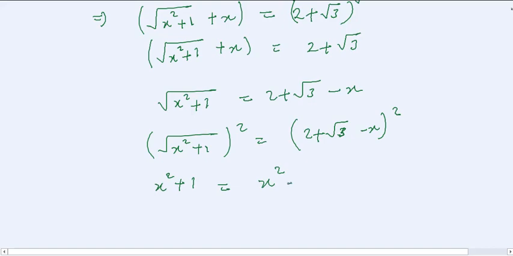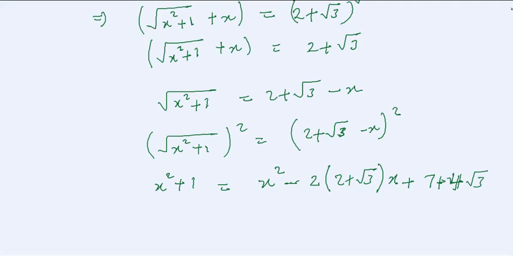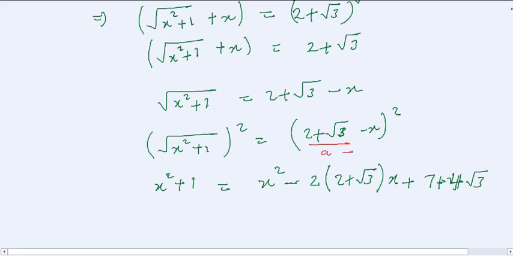This one will give me x squared minus 2 times 2 plus root 3 x plus 7 plus 4 root 3. That will be the answer to this. If you expand this, take this one like one variable, take this one like a minus x, then expand. When you expand, then replace what a is. a will be 2 plus root 3. Then you will compute. This is what you are going to get actually.